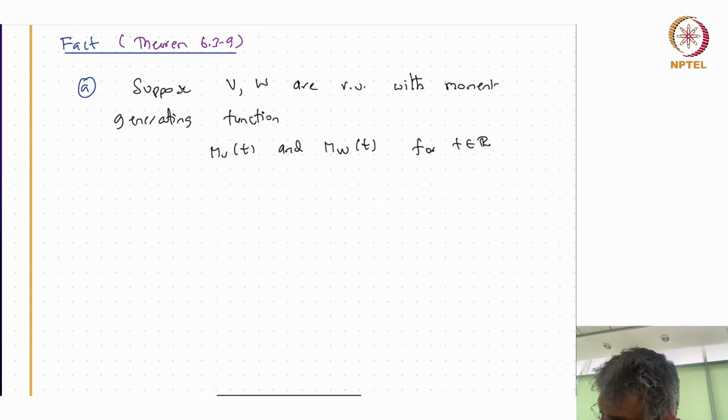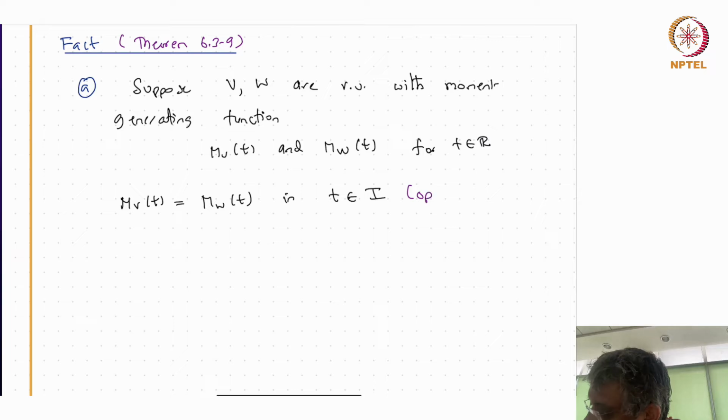What's cool is the following. If M sub V of t is the same as M sub W of t for t in I, where I is any open interval, so the two moment generating functions agree in some open interval, then this is enough to conclude that the two have the same distribution.